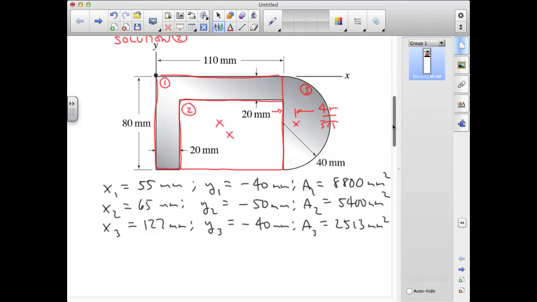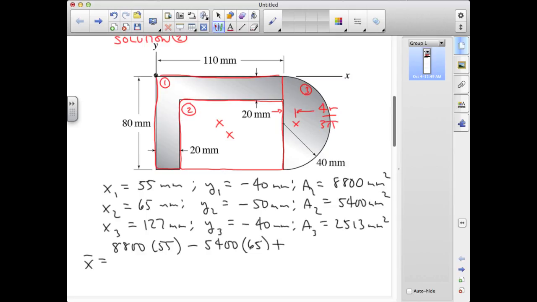And now, for instance, if we're calculating the average x position, this area-weighted average would look like 8,800 millimeters squared times 55 millimeters. And then the area 2, because it's a subtraction, it's a negative weighting, so it's now minus 5,400 times 65.